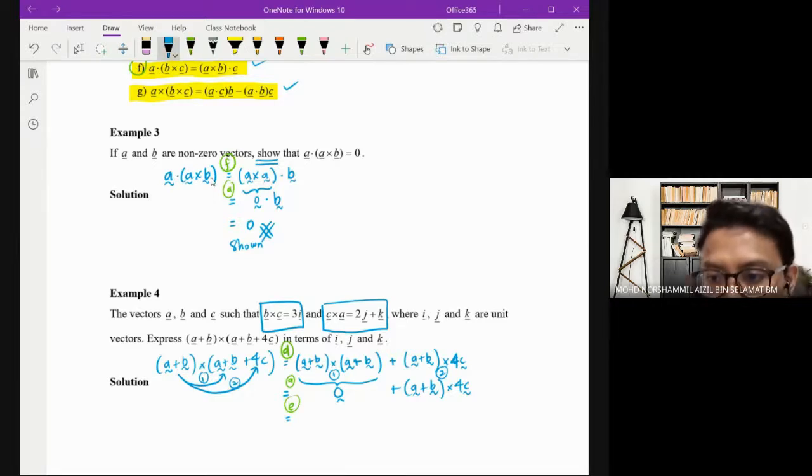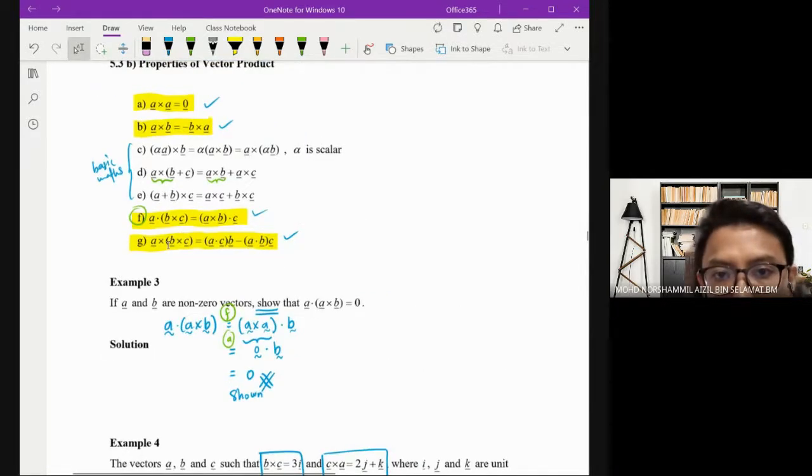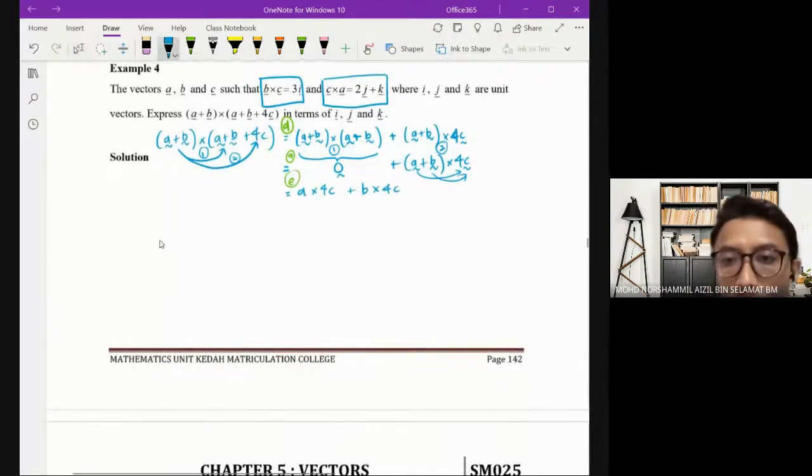Therefore, we will expand. It will be A cross 4C plus B cross 4C. Betul tak? A cross 4C, B cross 4C. Almost there.